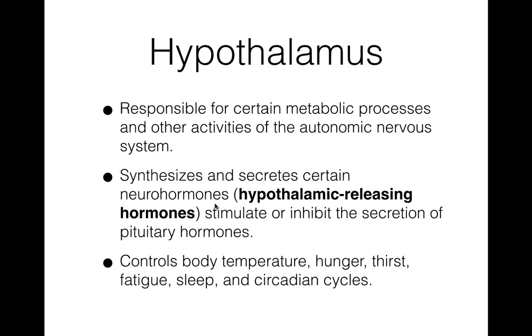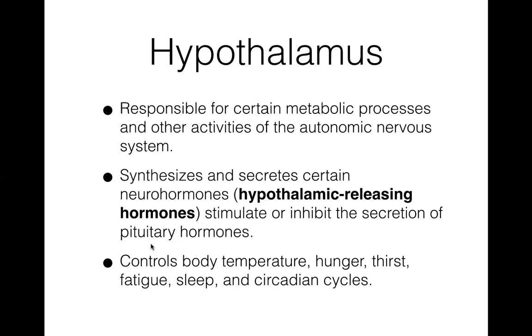Now, aside from coordinating with the endocrine part of our body by controlling the pituitary gland, the hypothalamus is also involved in controlling body temperature, hunger, thirst, fatigue, and circadian rhythm.